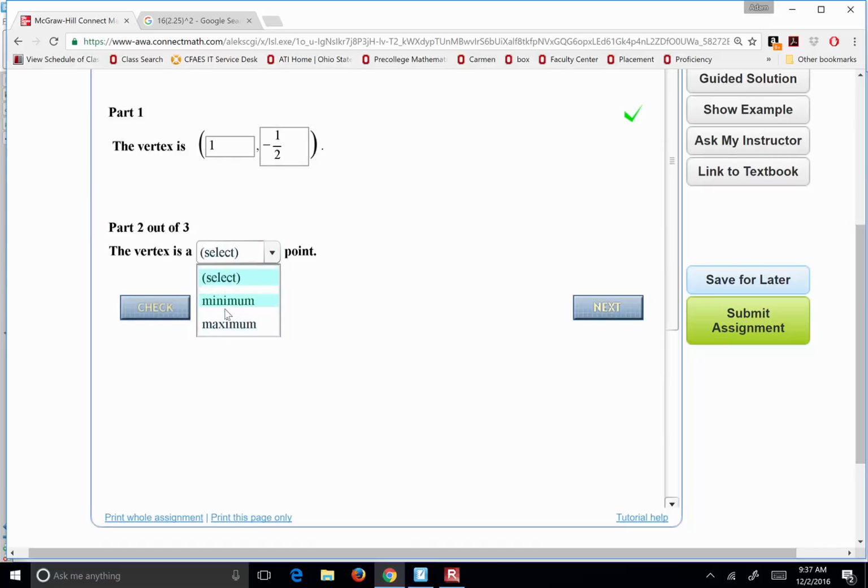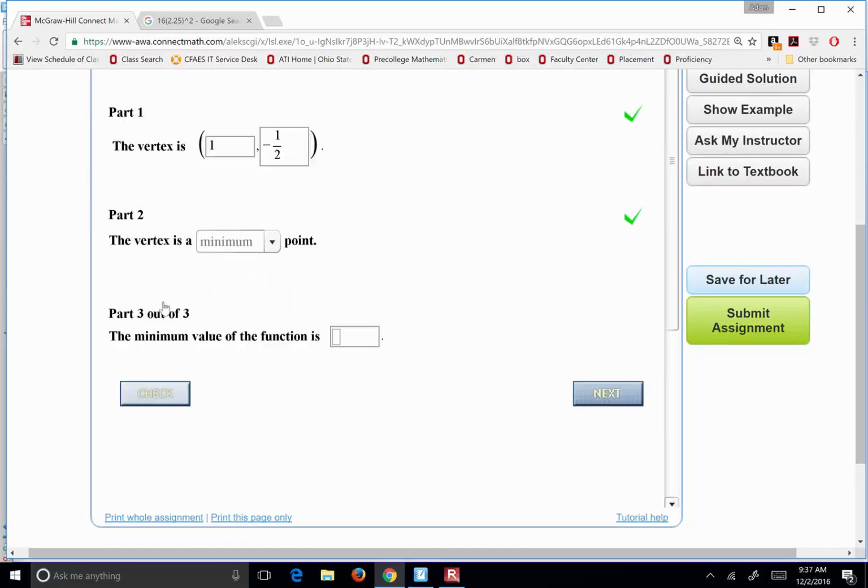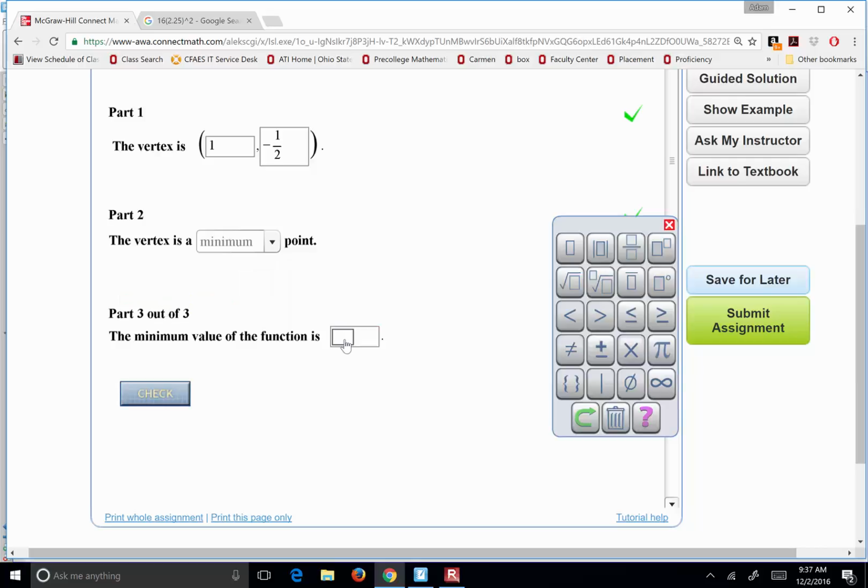Was that minimum? Positive 4. And the negative 1/2 is that minimum value.